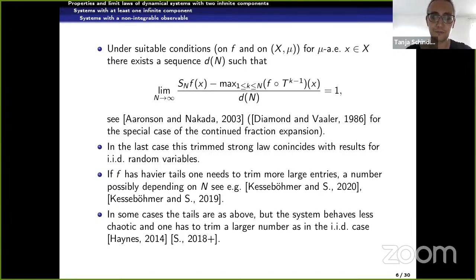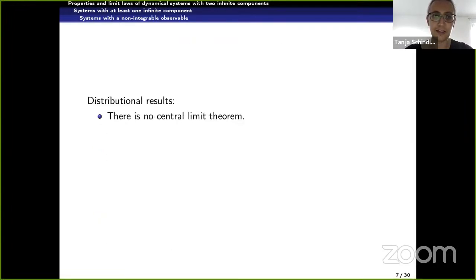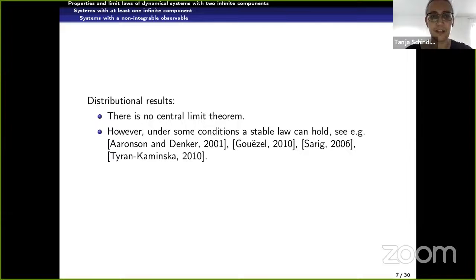So we have to remove some clusters of large events. Okay, so much about the almost sure convergence. In terms of the distributional results, there is no central limit theorem. For instance, of course, you would need L2 observables, but under some conditions, a stable law can hold.